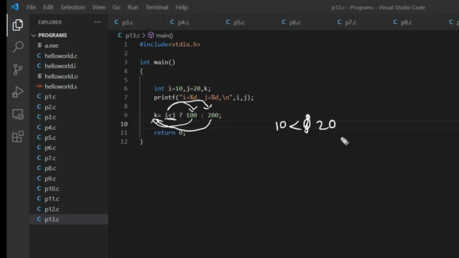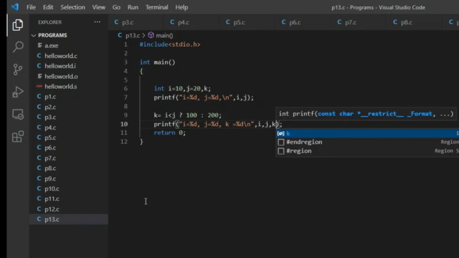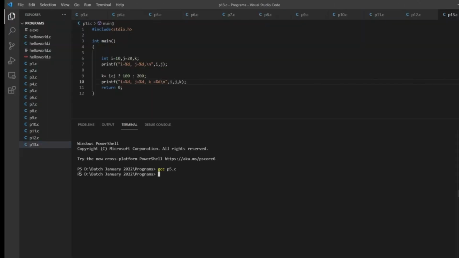Yes, 10 less than 20 is true. So 100 will be stored into k. So I print here i, j and k. I run p13.c. So my k is 100.